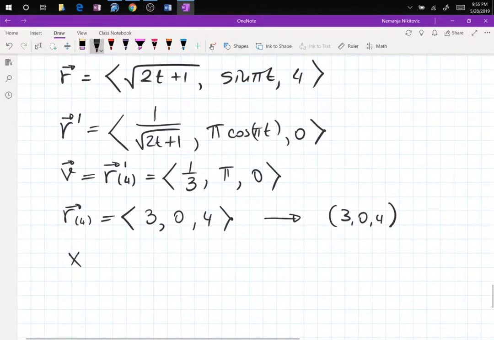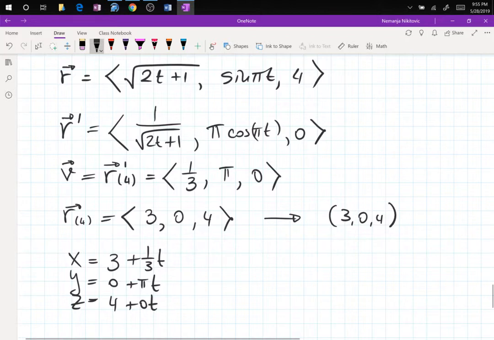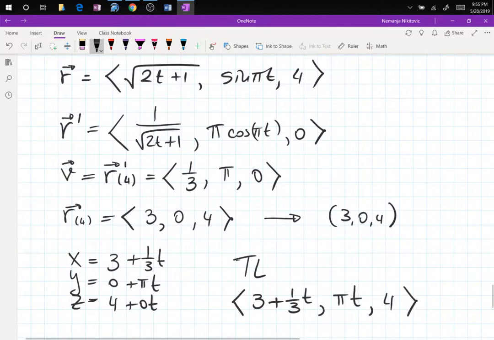And now we're going to have x, y, z as 3, 0, 4 plus 1/3 t, pi t, 0 t. So the tangent line is 3 plus 1/3 t, pi t, and 4. And then you celebrate.